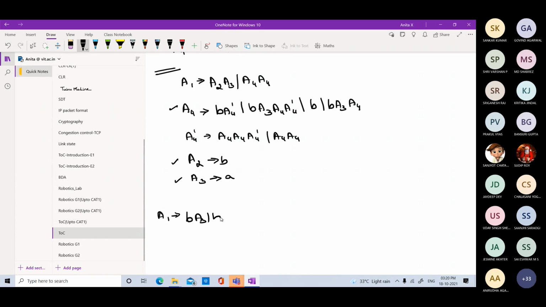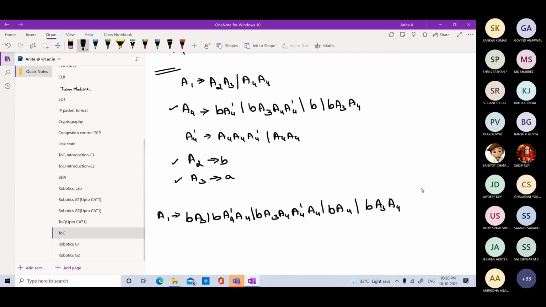So let me proceed with concatenating with each and every component. B A4 dash A4 or B A3 A4 A4 dash A4. I'm just concatenating A4 with all the productions. That's it. Okay. So B A4 or B A3 A4.